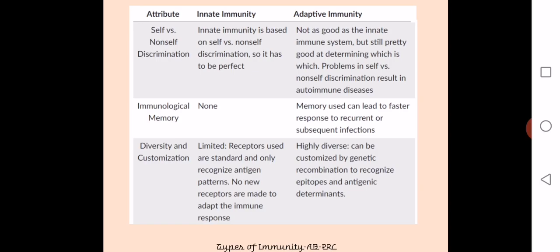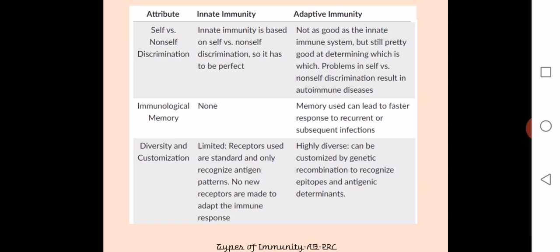So in terms of self and non-self discrimination, adaptive immunity is not that good. In terms of memory, adaptive immunity is very good at keeping memory. Innate immunity does not maintain the history of infections.